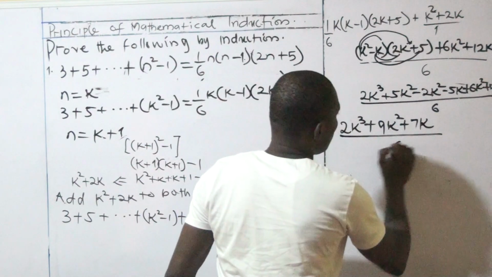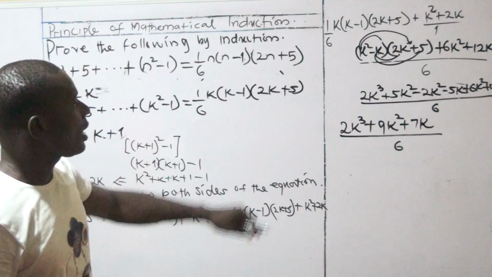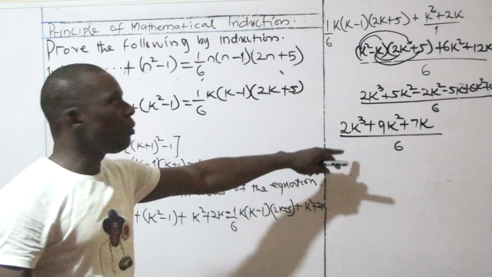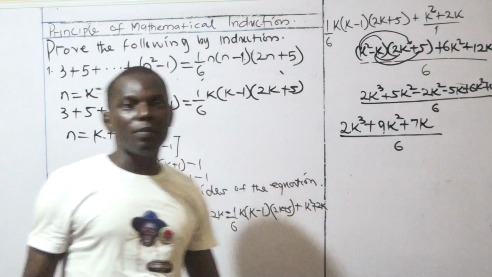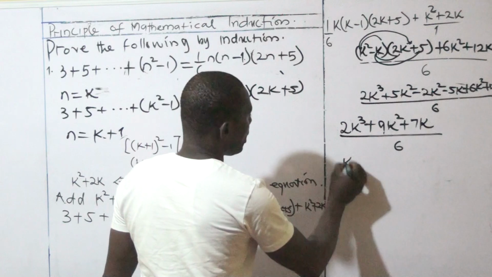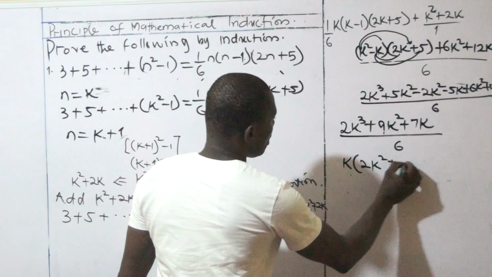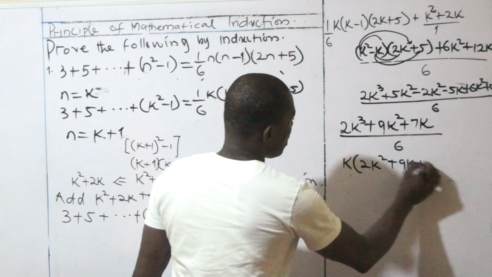Everything over 6. Okay, so here we can see that something is common. We have k in all of them, so we can factor it out. Let's say k open bracket 2k squared plus 9k plus 7.